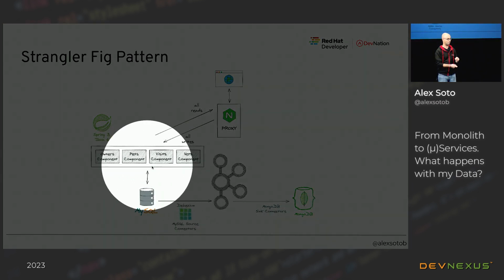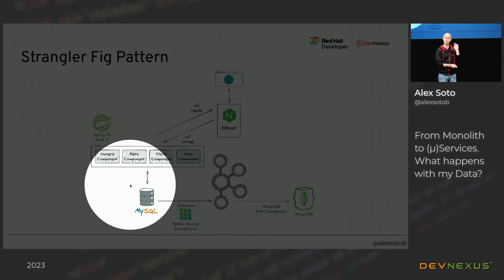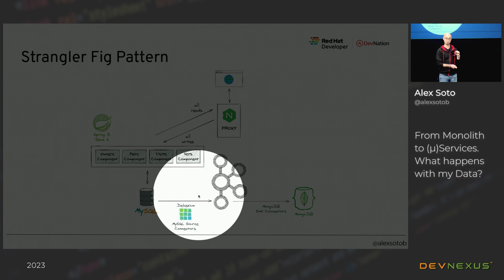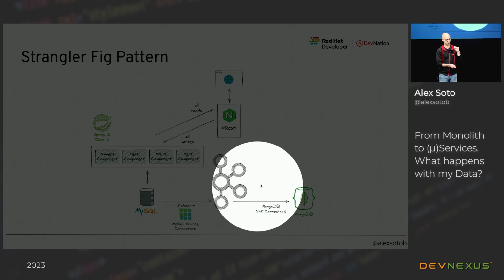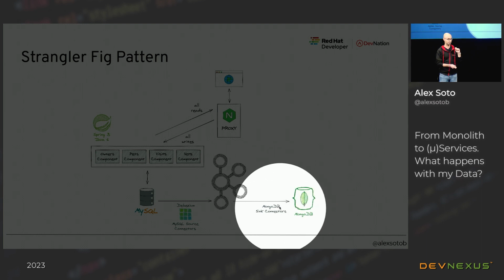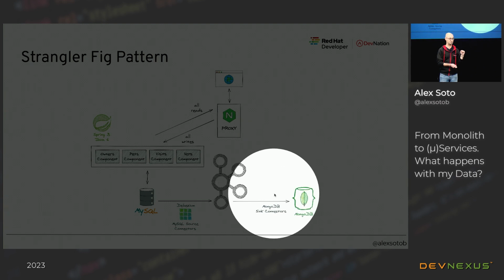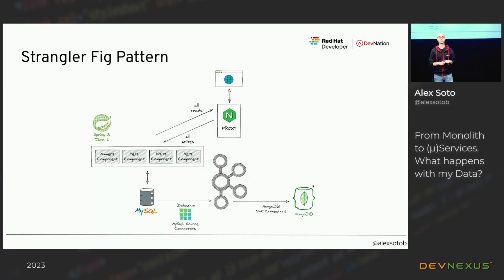But when I insert something into the monolith database, using Debezium, I will capture the change and propagate it to Kafka, and then I will have another connector here, which will get the event from Kafka and insert, update or delete the data inside the MongoDB.